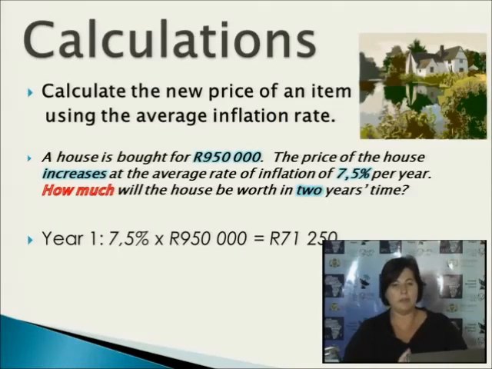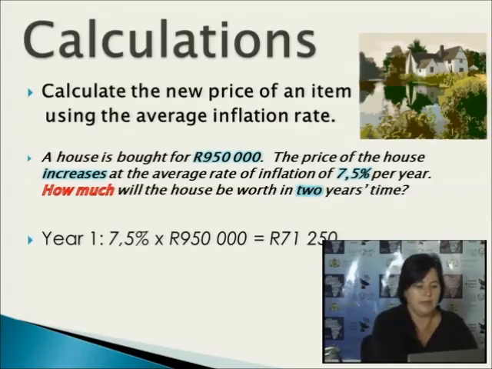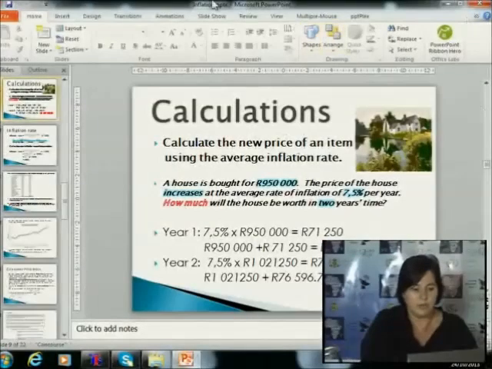Be careful now, remember there's 2 years. Year 1, it increased with 7.5%. So I take my calculator, and I'm going to show you this just to make sure that you can remember how to use your calculator when it gets to the percentages.